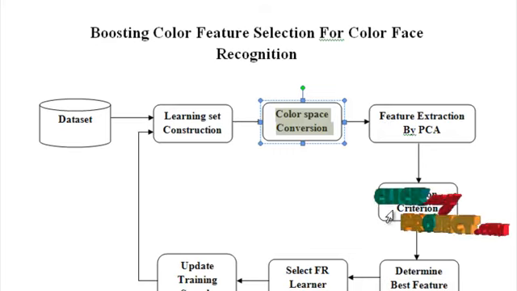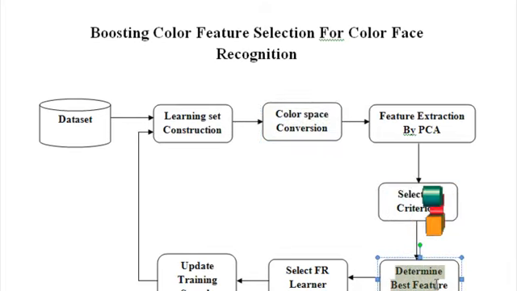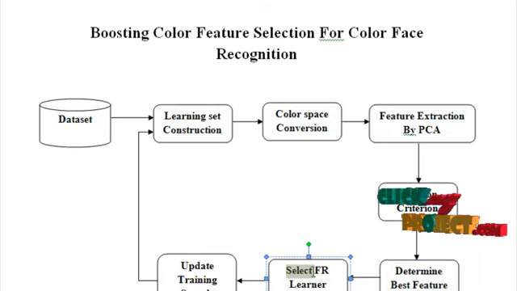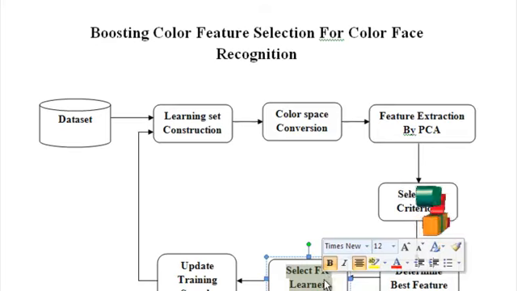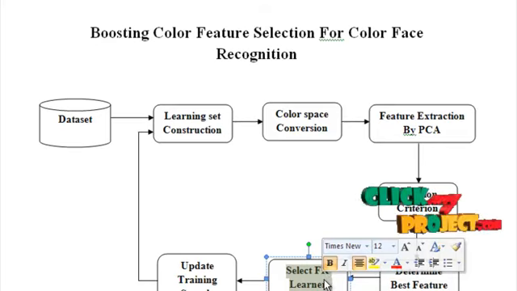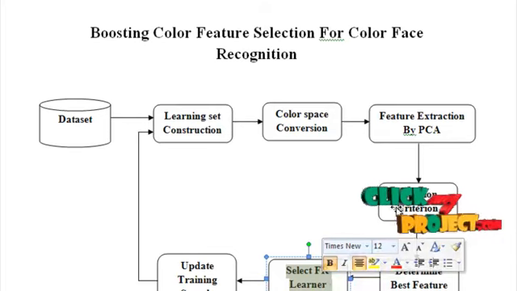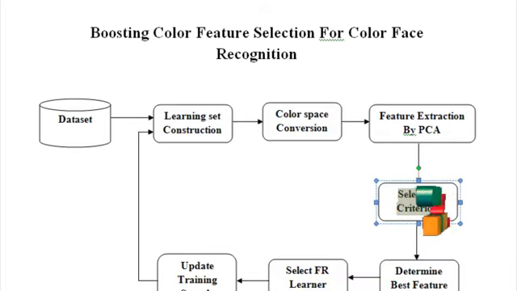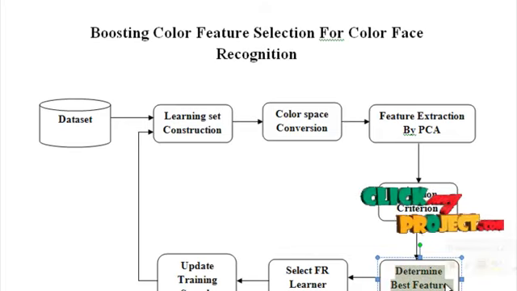The next one is the selection criteria, followed by the best feature determination and then the selection of the FR learner. These 3 blocks come under the explanation of the AdaBoost framework. In the initial stage of AdaBoost, random weights are initialized. Then the weights are updated based on the selection criteria. Finally, the best features are selected from that.